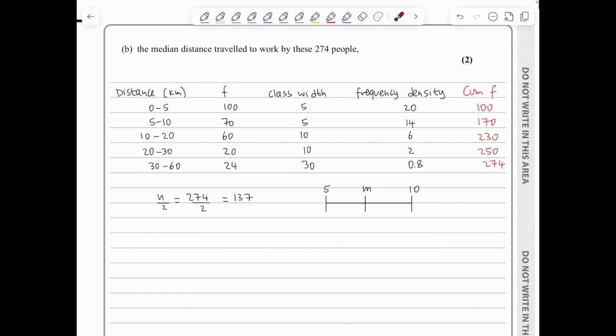I'm going to put the frequencies below. So the last frequency not to be included is the 100th observation, and the last one to be included is the 170th observation, and we need to interpolate for the 137th observation. So I'll be doing the small gap over the small gap to be equal to the big gap over the big gap.